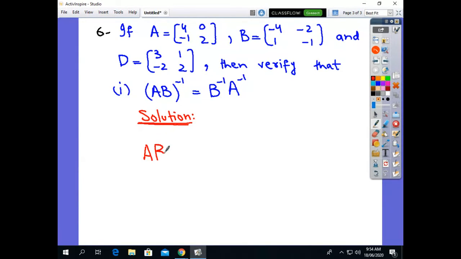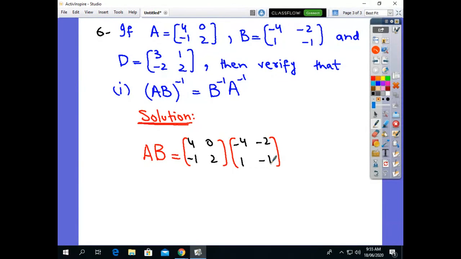The product of matrix A with matrix B. Matrix A is 4, 0, negative 1, 2, and matrix B is negative 4, negative 2, 1, negative 1.